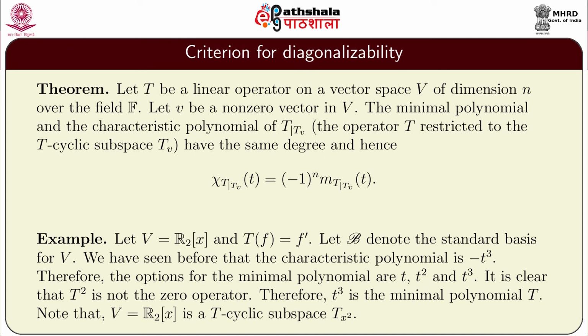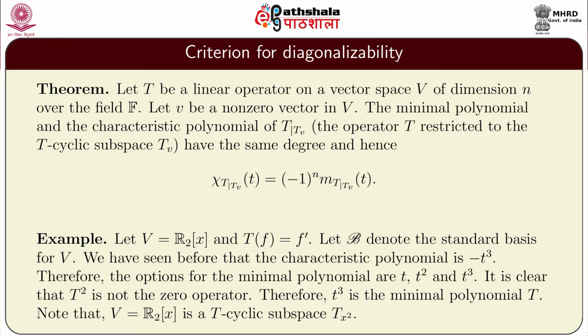But we know that this particular operator, which is T of f is equal to f dash, does not satisfy T square equal to 0. Why? For example, if we apply T square on the polynomial x square, then the answer will be 2 and that is not 0.